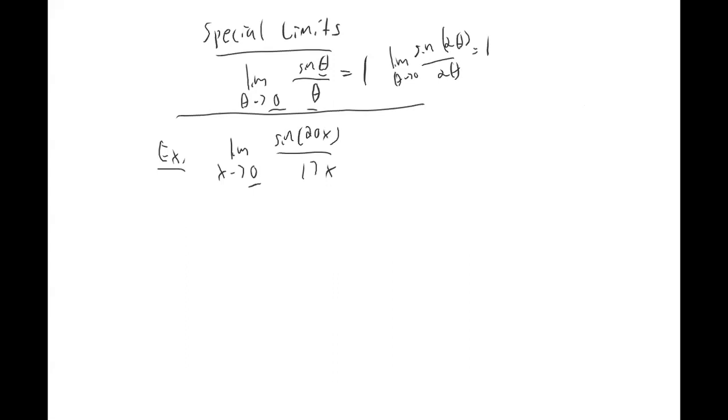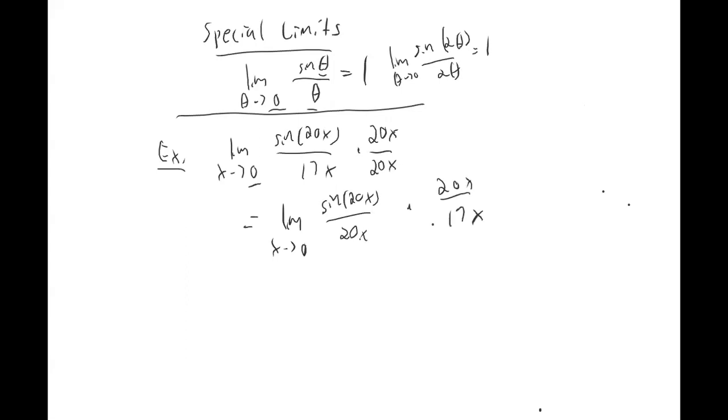So let's make it the same input. Basically you multiply by 1 in a very smart way. So here you get 20x over 20x. Limit as x goes to 0. I'm going to group it two ways: sine of 20x over 20x, and then times 20x over 17x.